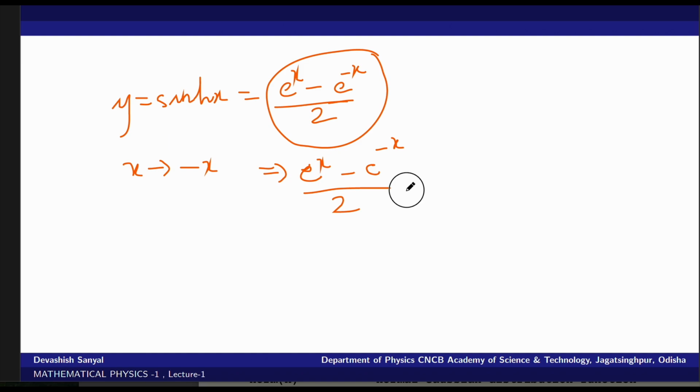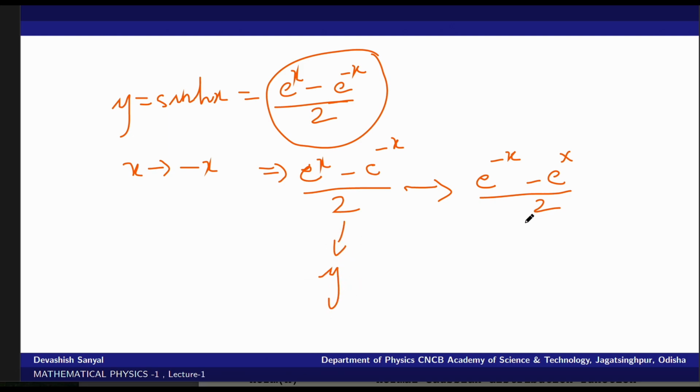Then this becomes e to the power minus x. x will become minus x. So this x will become minus x, and this x will become minus x. That means this will become e to the power x by 2. This is my y, right? The whole thing is y.